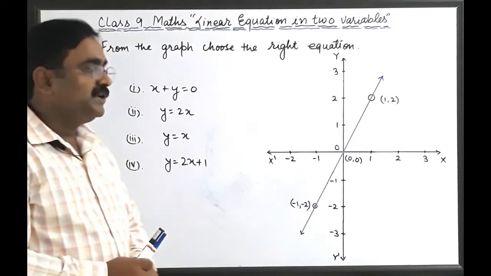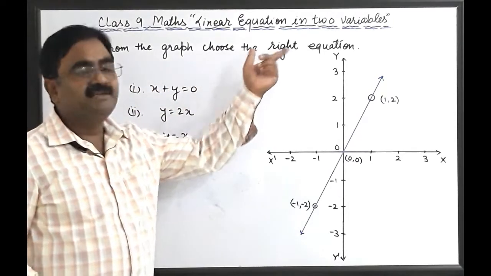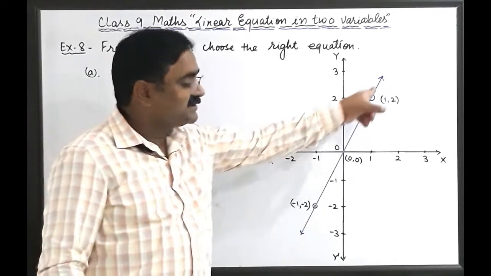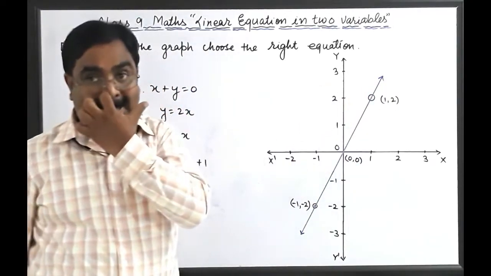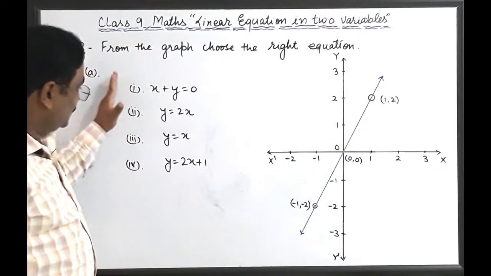Let us see example number 8. For this example 8, the question is: from the graph, choose the right equation. Means graph is given and its line is given, we have to choose the equation of this line. According to the points, we have to choose these equations.